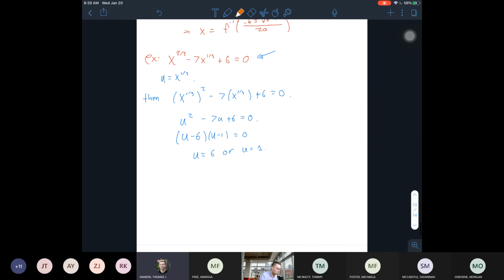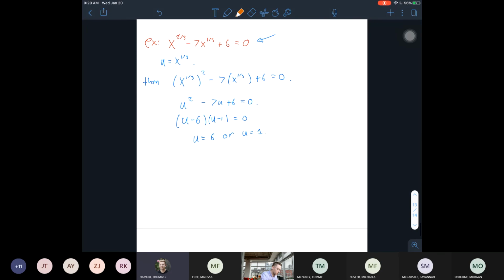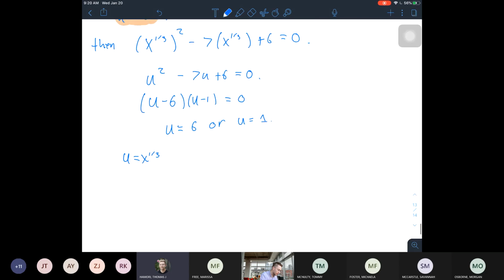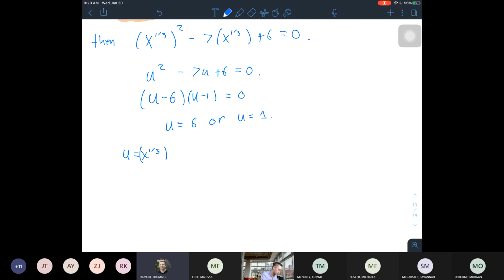So we just have to take one more step here, which is to use this critical piece of information, u equals x to the 1/3, to back substitute our u values into x values. And we do that by taking u equals x to the 1/3 and taking both sides to the third power. So u cubed will be equal to x.